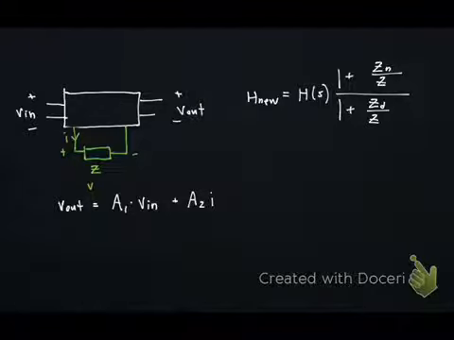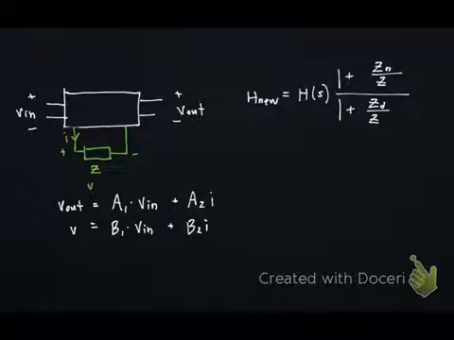And we chose the current here because this is the parallel formulation, so this will turn out to be much more convenient. And we're going to write down a second equation, which is V, which is the voltage across our extra element, is equal to B1 times Vin plus B2 times I.